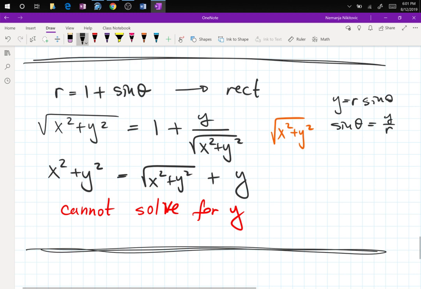So there are a lot of different situations where this is going to happen. And being able to switch between the systems, as we are going to see tomorrow, in some cases makes the problem much easier to solve. In other cases, it actually makes the problem possible to solve.